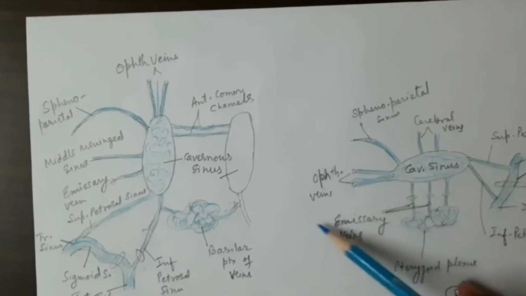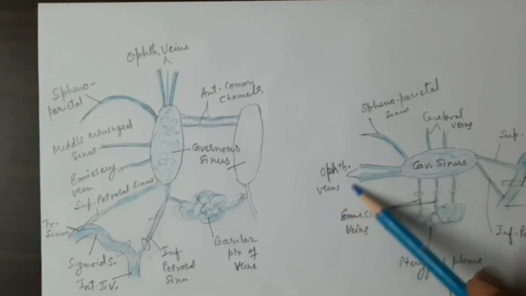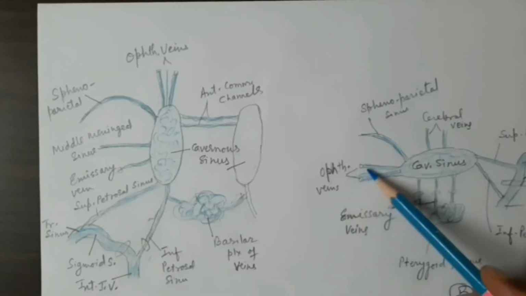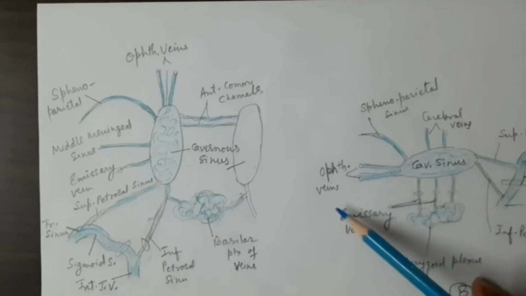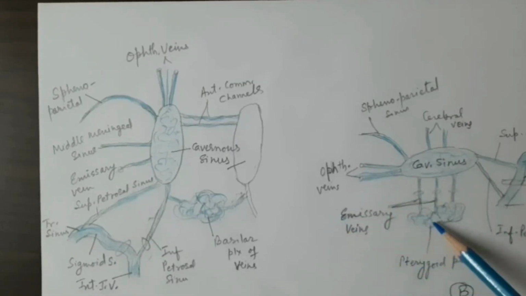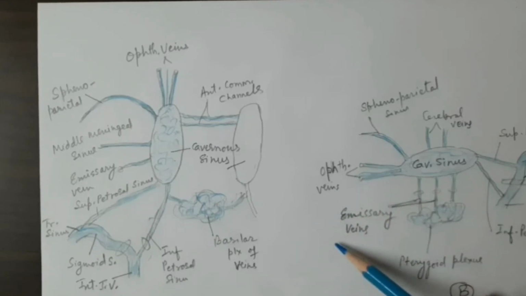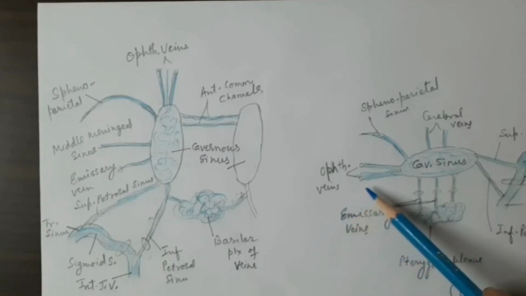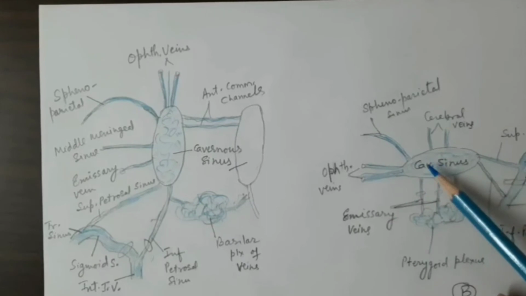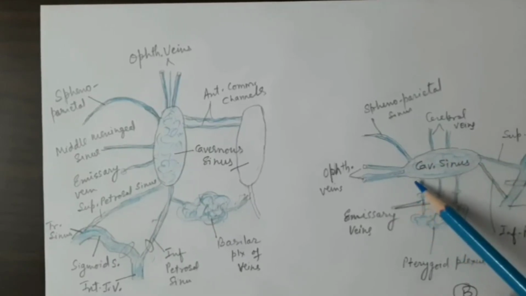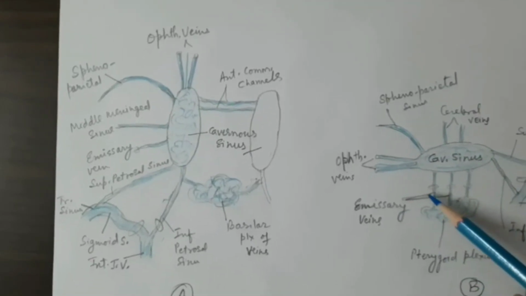In one of the videos, I have shown that through this facial vein to the superior ophthalmic vein, and from this facial vein to the pterygoid venous plexus, there is a communication. So in the dangerous area of the face, infection from the upper lip and the nose may go into the cavernous sinus. So these are the communicating channels.